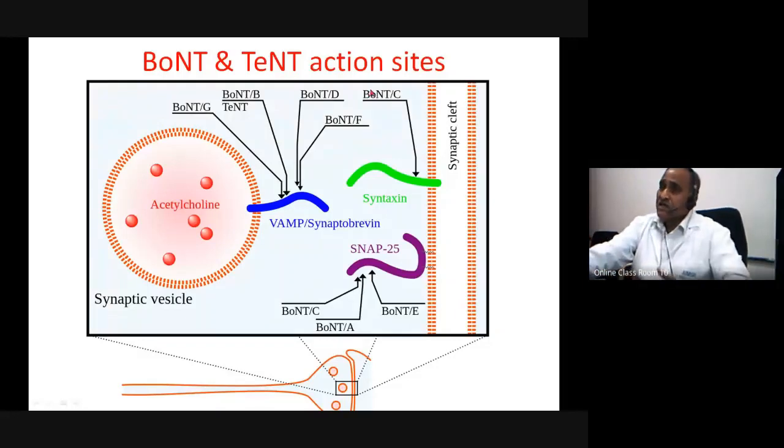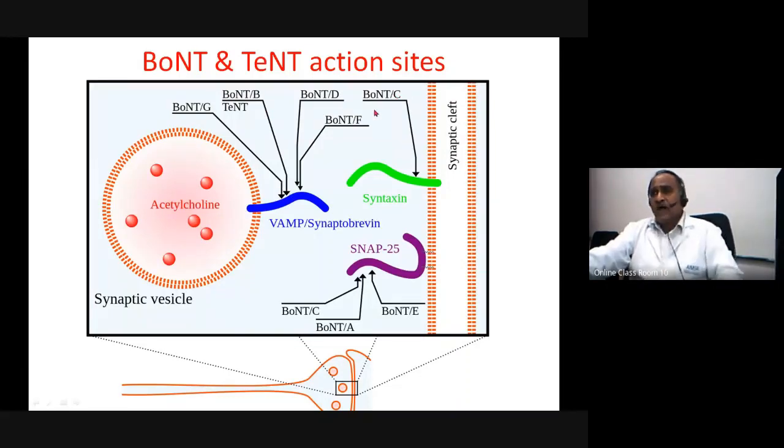So that prevents the release of the transmitter. Now if you are looking at TENT here, the sites used for TENT and BONT-B are the same. So tetanus toxin and botulinum toxin B are at the same level.